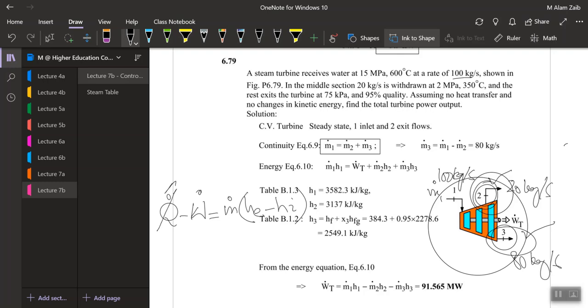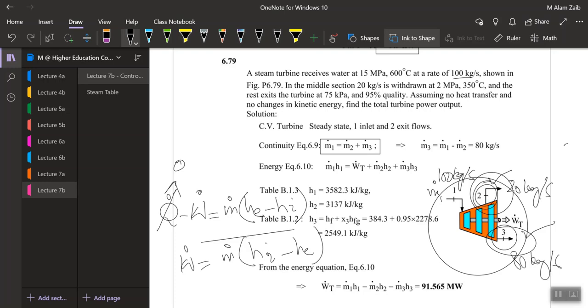There is no heat transfer, so that would be 0, and kinetic and potential energy are already taken as 0. So W dot would be equal to m dot into h inlet minus h exit, just rearranging.